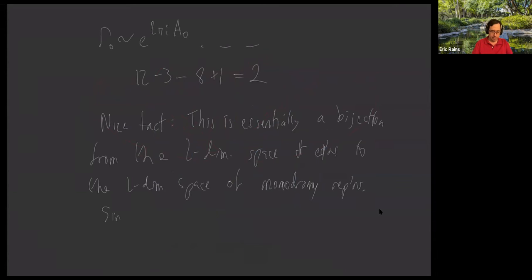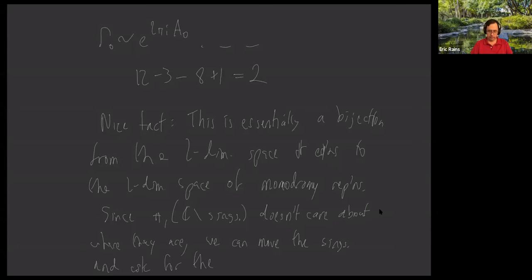So since pi1 of C minus singularities doesn't care about where the singularities are, we can move the singularities and ask for the monodromy to stay the same.